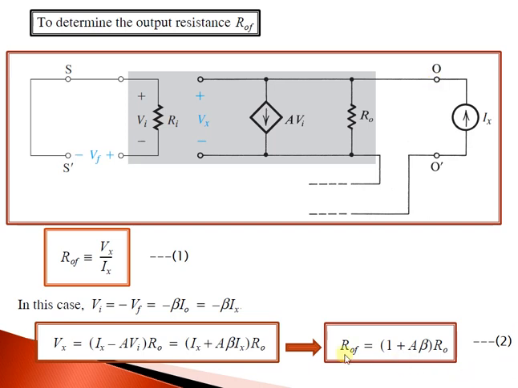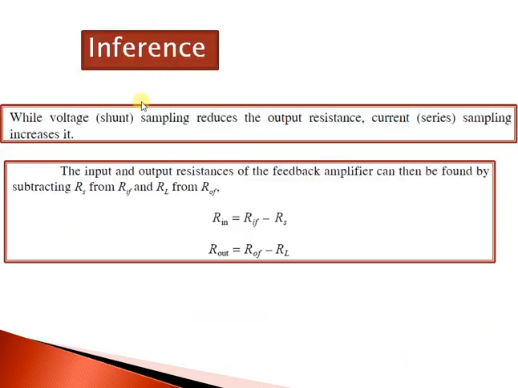So the relationship between ROF and R0 is a function only of the method of sampling. To conclude, while voltage or shunt sampling reduces the output resistance, current series sampling will increase the output resistance with feedback.